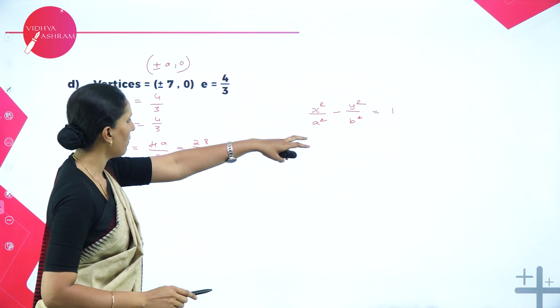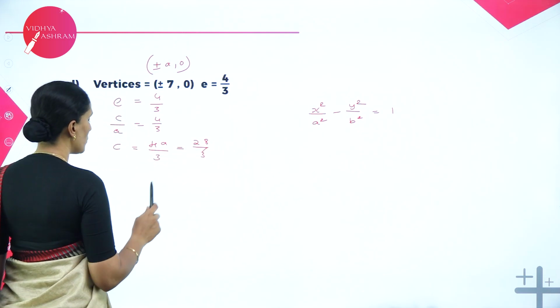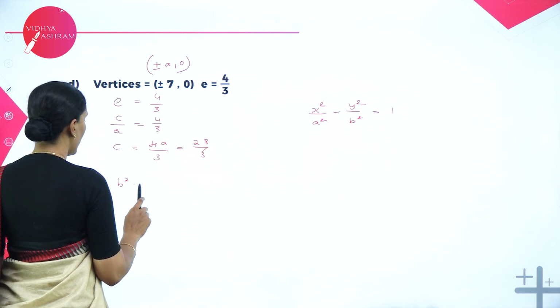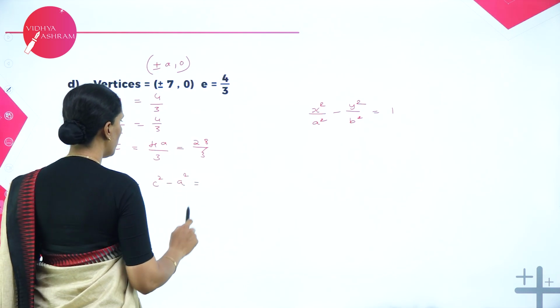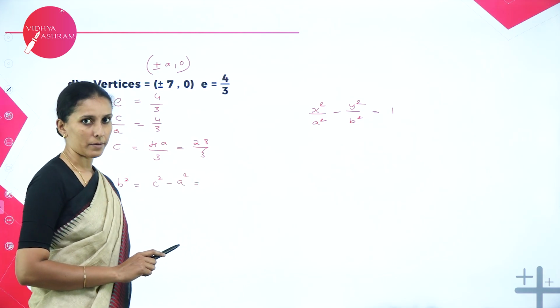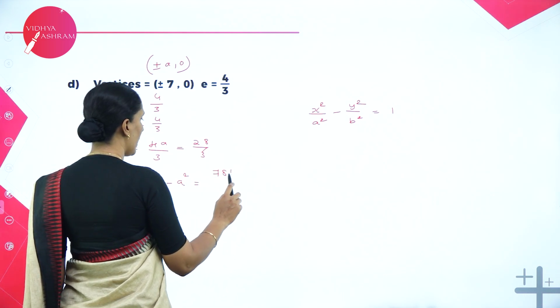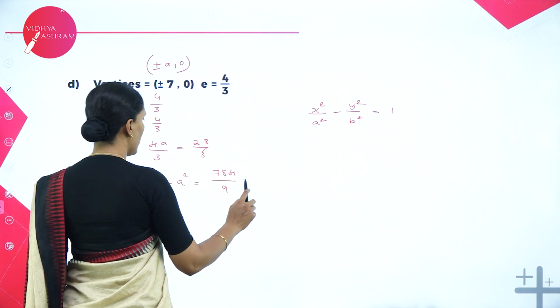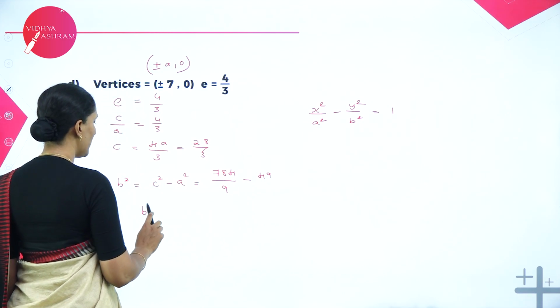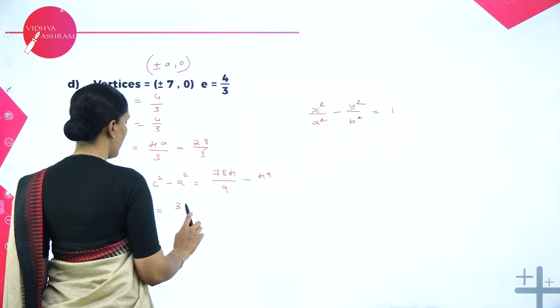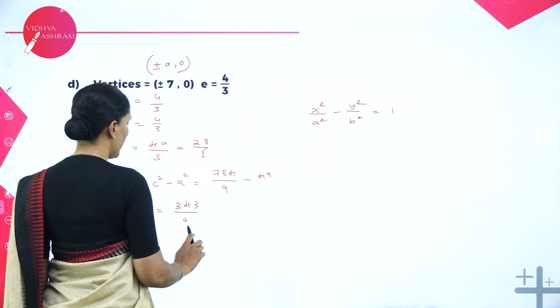Now we have a value, but we need b square. So to calculate b square, it can be taken as c square minus a square. Which is equal to 28 by 3 whole square, which becomes 784 divided by 9 minus 49. So solving this, we'll get b square is equal to 343 divided by 9.